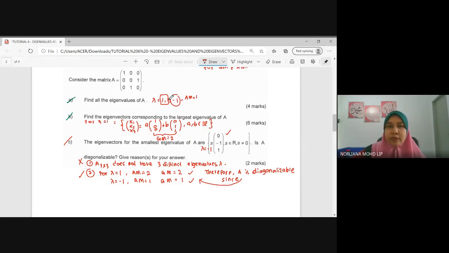Untuk the largest eigenvalue lambda equal to 1, kita dapat dia punya eigenvector kat sini lah. And yang C ni given the eigenvector for lambda equal to negative 1 lah. Is A diagonalizable?